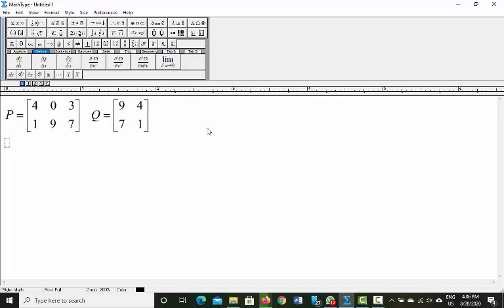So this is another matrix. This matrix is P, and this matrix is Q.